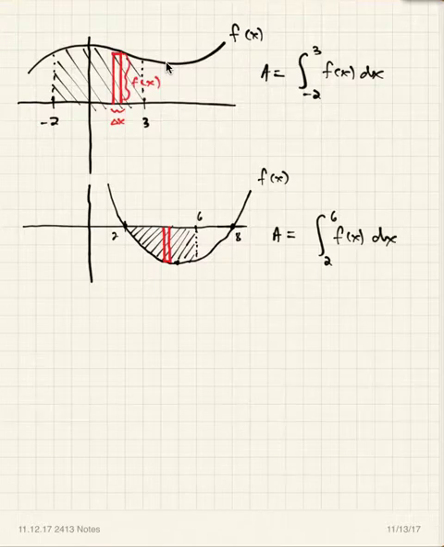The problem is that integral, because the region is below the x-axis, gives us the wrong sign. And so to look at the area, we would stick a negative sign in front of the integral. We'd change the sign of that integral, and that would give us the correct sign for area in this problem. Okay, so let's move on.